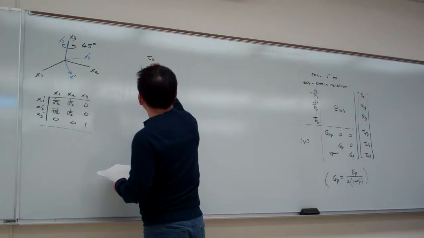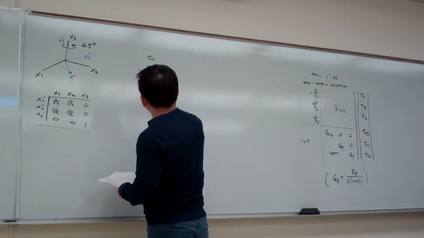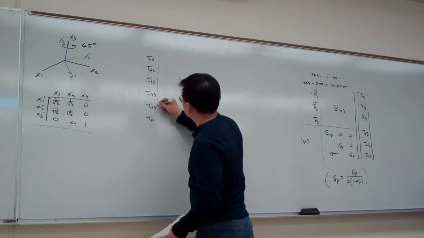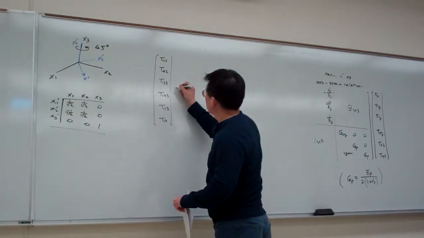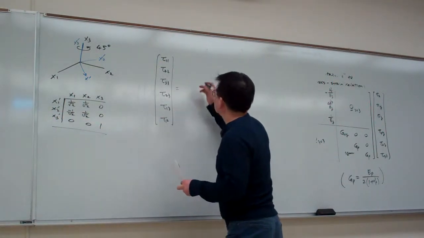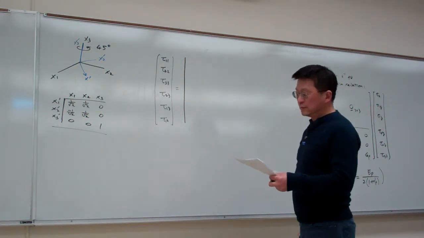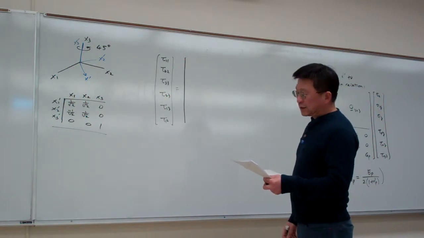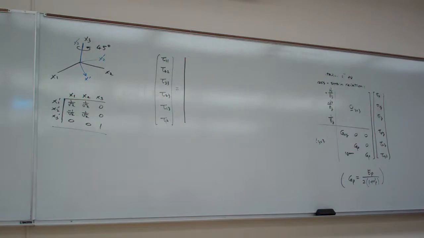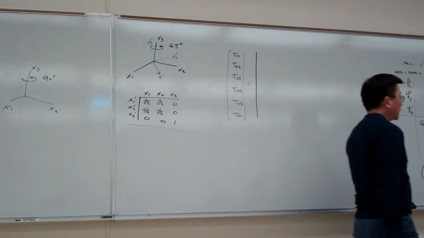Tau 11, 22, 33, 23, 13, 12. And here we're going to introduce 2 parameters. Usually people like to define what they call the Lamé constants.